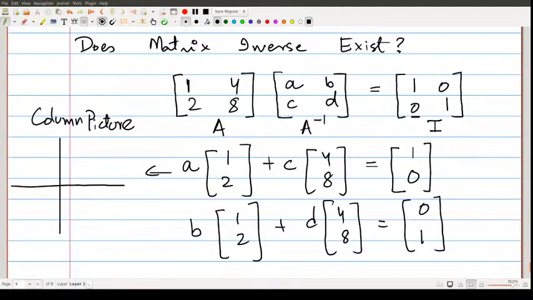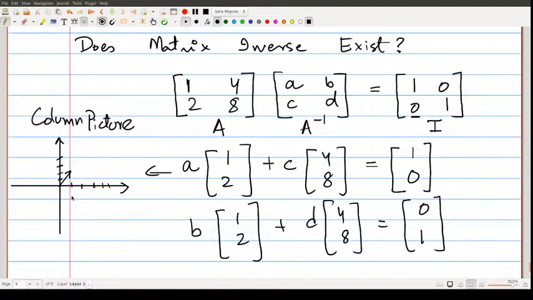Remember that when we take the column picture, we're taking linear combinations of the columns of A. So if you view the columns of A, the first column is 1, 2, so let's make that a vector.